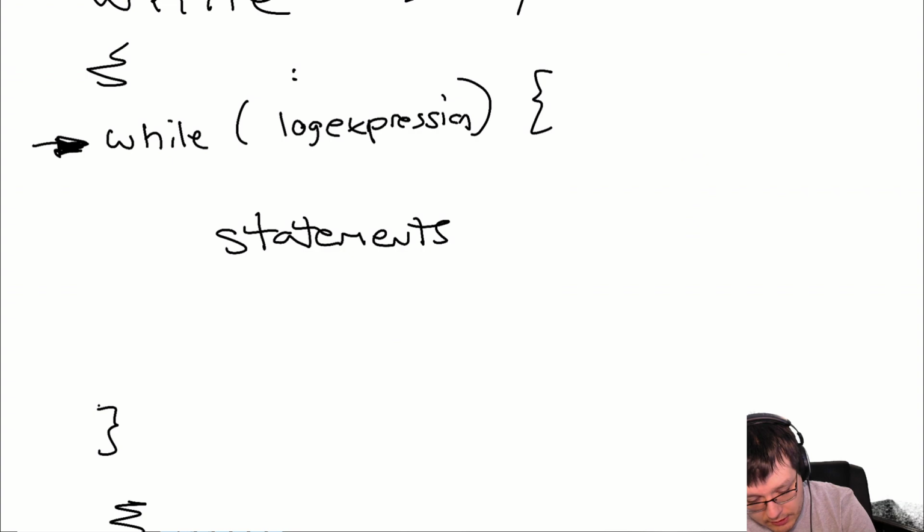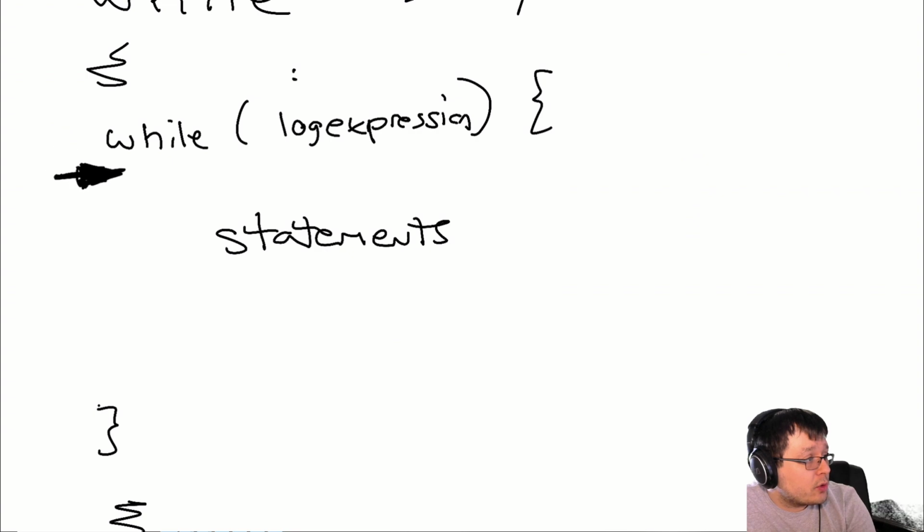If I can draw an arrow, close enough. So it starts there. Then it goes down to this, runs code there, any code, finally hits this thing, and then it goes back to here. And then it starts from there. So the first thing it's going to do is look at this logical expression, and evaluate it again.